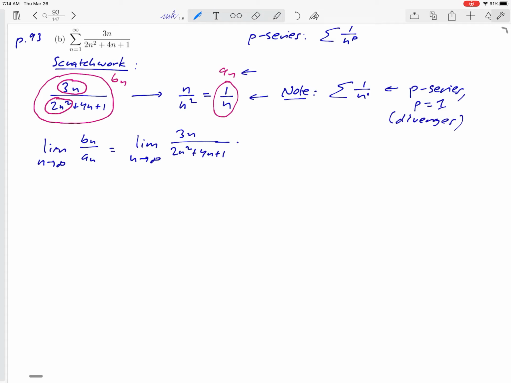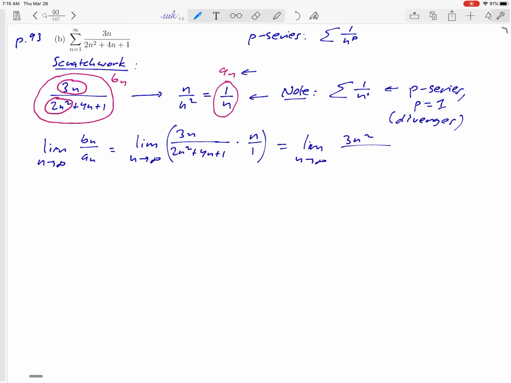But to divide fractions, remember that we multiply by the reciprocal, so I'm going to skip one algebra step and jump straight to multiplying by the reciprocal of an, which would look like n over 1. That's just the flip of 1 over n. There's the limit that we need to calculate.